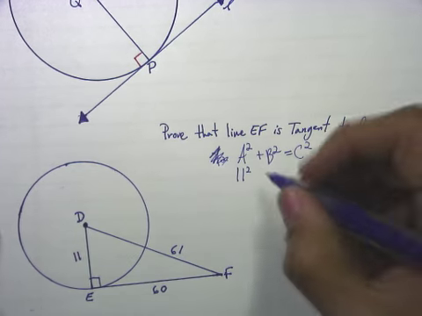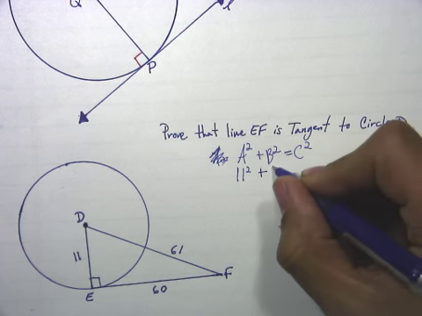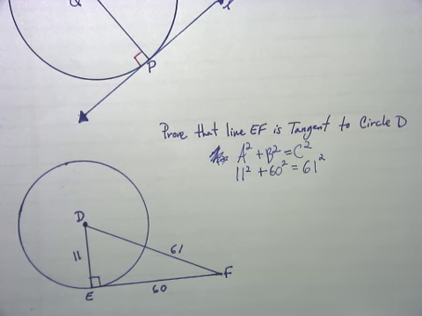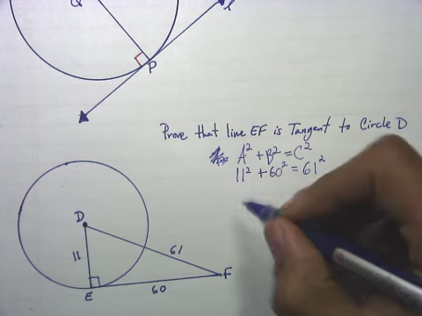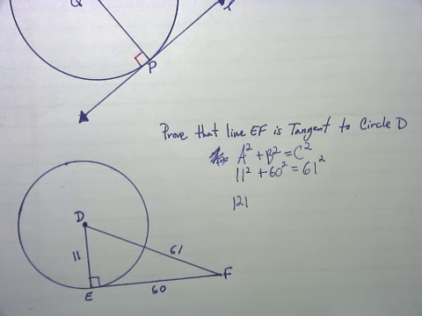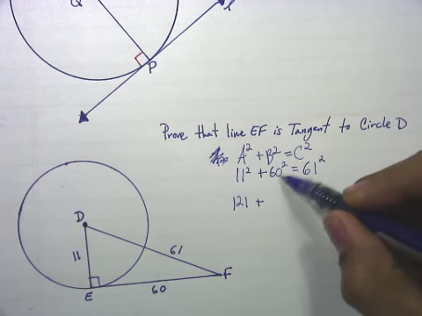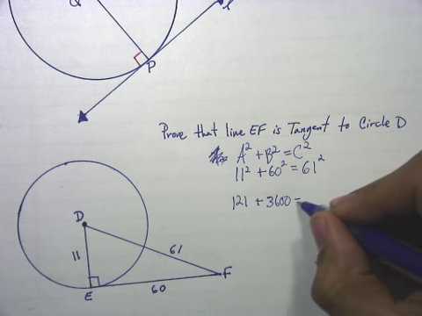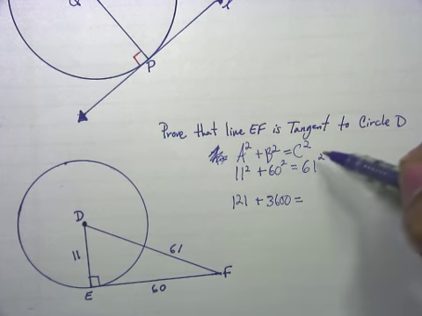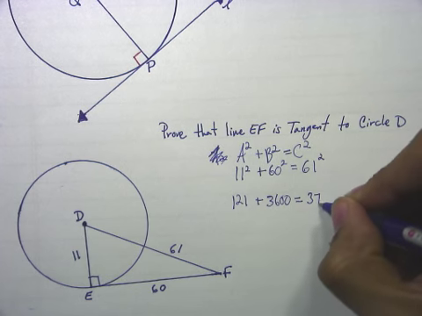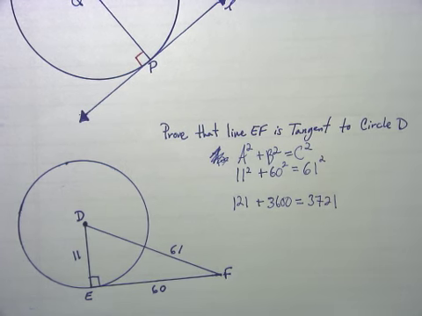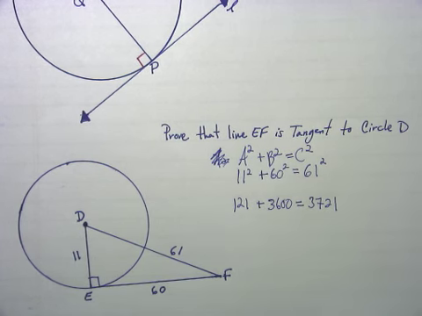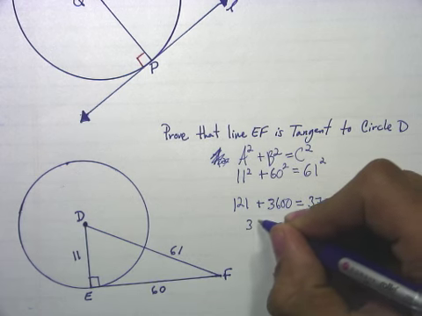Let's work it out. 11 squared plus 60 squared must be equal to 61 squared. 11 squared is 121, plus 60 squared is 3,600, and 61 squared is 3,721.